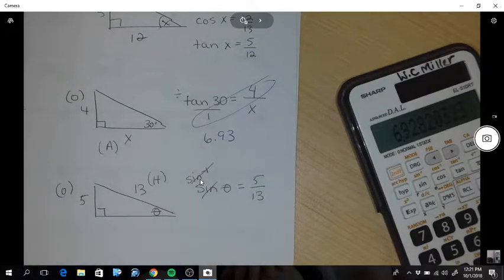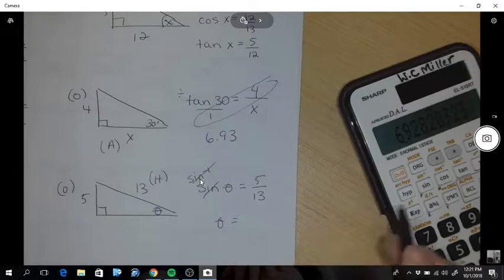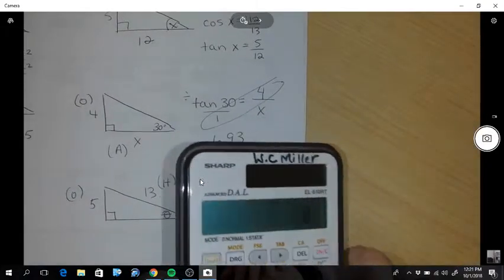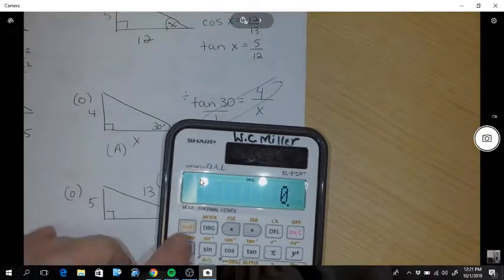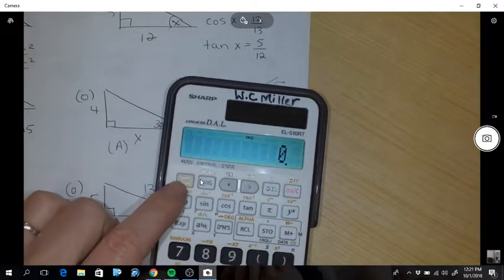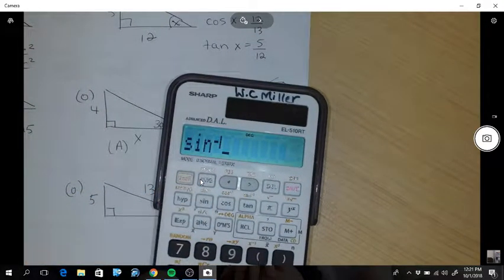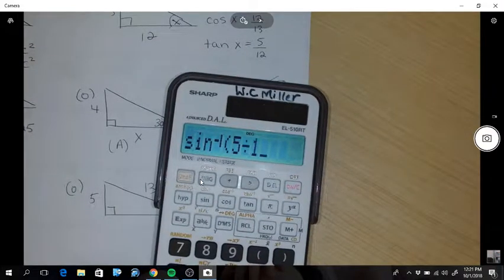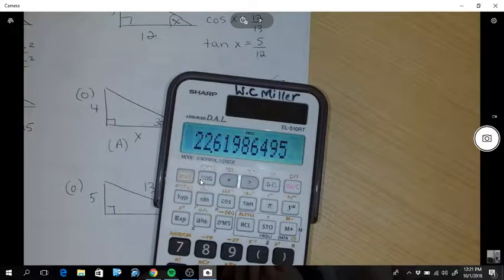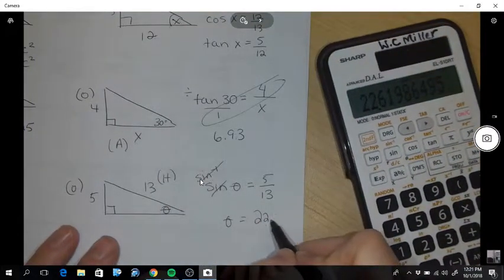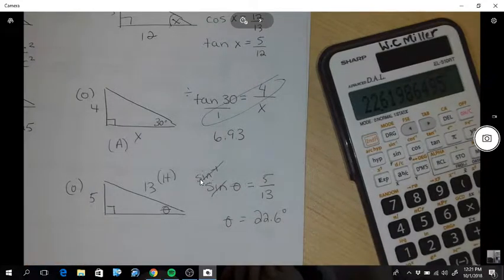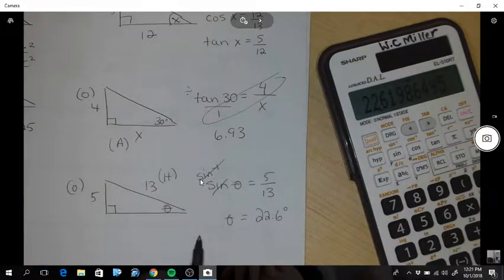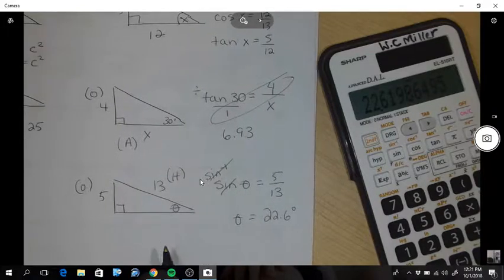That gets rid of it, and I get my angle. So what is the sine inverse of 5 divided by 13? You can see me push the second function sine button, and you see that little -1 symbol. Brackets 5 divided by 13 equals 22.6 degrees. So that rule is if you are ever finding an angle, press the inverse function.